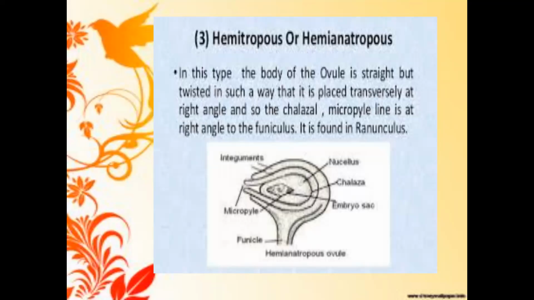It is found in Ranunculaceae and some Primula. They curve only up to 90 degrees.